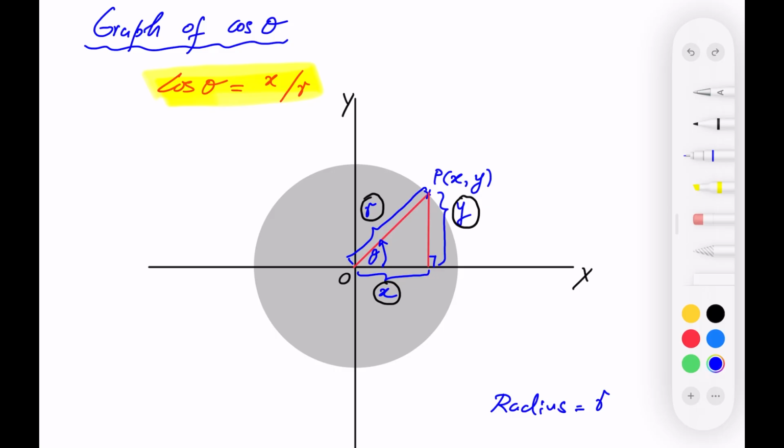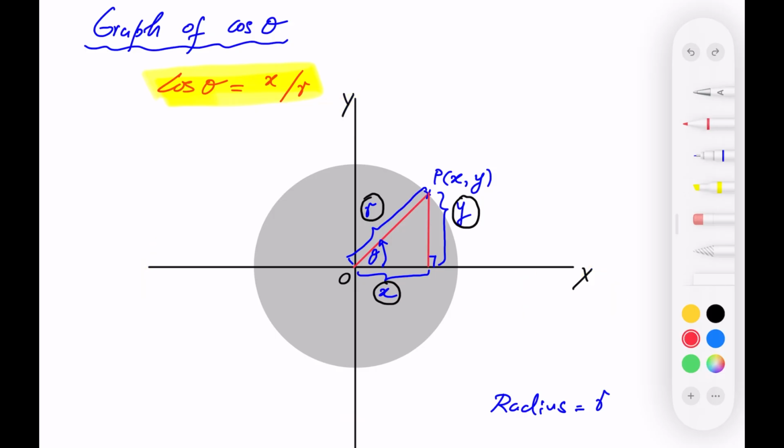Now we will look at the possible boundaries for cosine theta. It's easier by looking at the coordinates of this point P at these special places, such as on the x-axis, the starting point, on the y-axis, which is the first stop, and back on the x-axis onto the negative side, which is the next stop, and back on the y-axis to the negative direction, which is the third stop, and back on the x-axis right here as the fourth stop on a positive journey of theta, which means a counterclockwise rotation of theta.